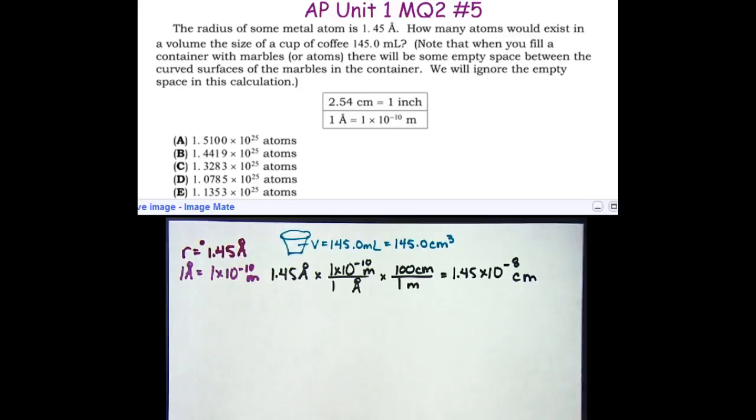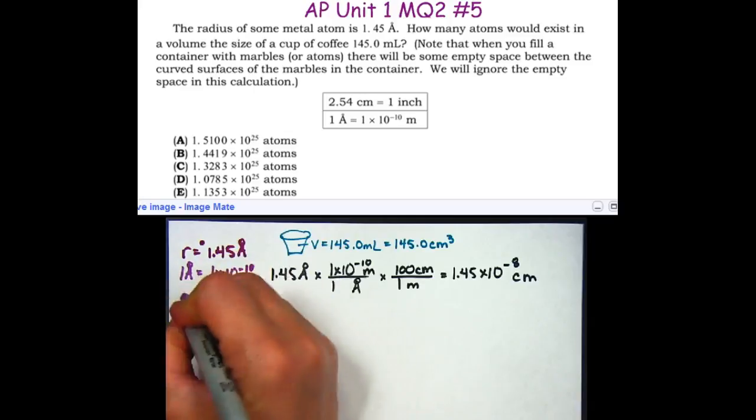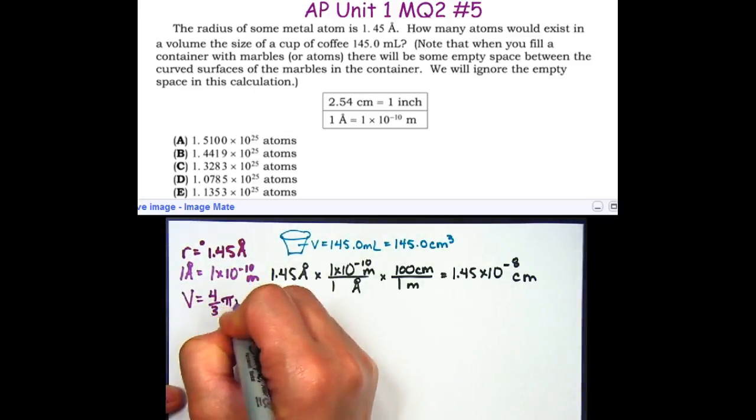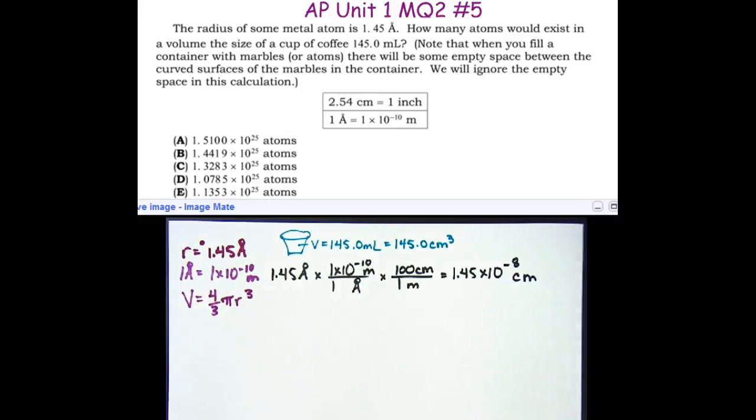Now, we're going to need to know the volume of an atom, and we're going to calculate this using the equation for the volume of a sphere, which is V equals 4 over 3 pi r cubed. You would be given that equation and not expected to memorize it.